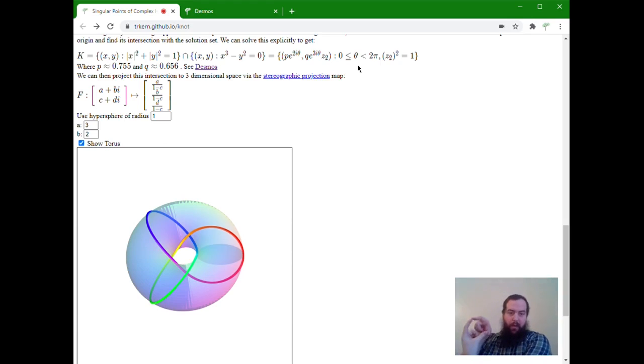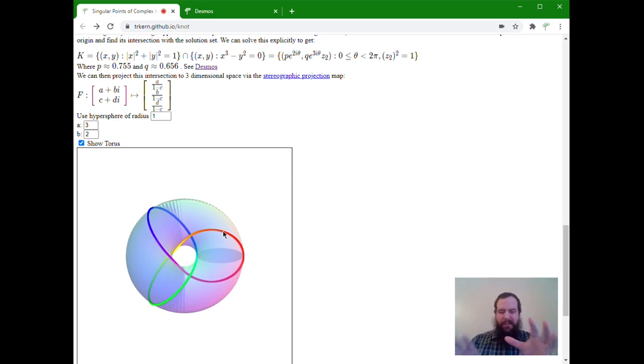So every time we go around this parameterization once, from 0 to 2 pi, and then it repeats, we are going around the outside of the torus twice, and around the inside of the torus 3 times. And that's exactly what we see here. It's a little bit tricky to see, but every time we go around the torus twice, we're going around the torus this way 3 times.